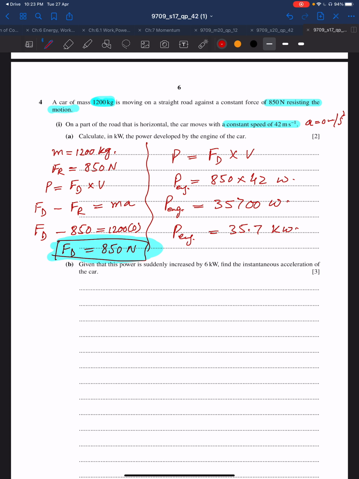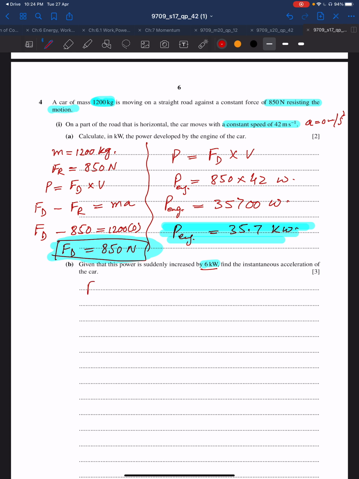Okay, in part B, given that the power is suddenly increased by 6 kilowatt, find the instantaneous acceleration of the car. So what we are going to do, we will add this 6 kilowatt to the power, in watts.